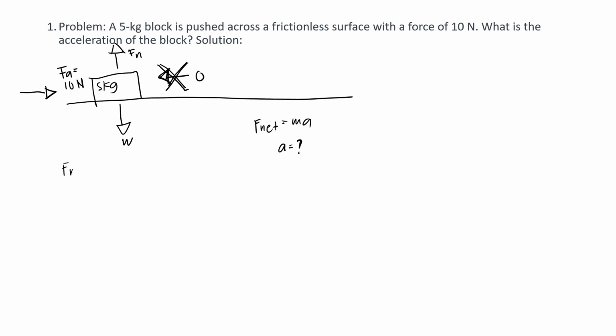Net force is equal to FA, and as the frictional force opposes the direction, it is negative, no? So we have FA of 10 newtons while we have frictional force of 0. So our net force is equal to 10 newtons.